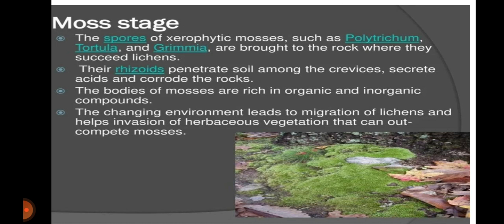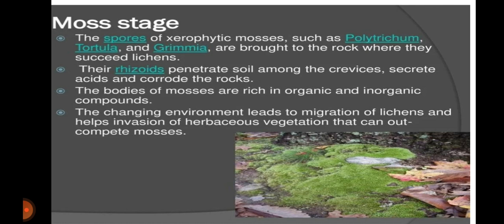Xerophytic mosses grow and become dominant. These plants usually grow on the surfaces and the depressions of the rocks. The xerophytic mosses develop rhizoids which penetrate deep into the rocky soil, secrete acids and corrode the rocks.